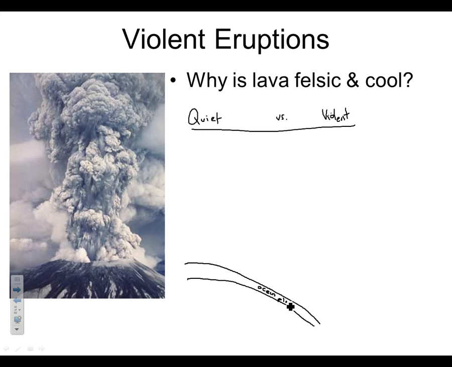Okay. Then I have my continental plate, so I'm going to put my continental plate here. Notice that my ocean plate is really thin, my continental plate is really thick. Go ahead and label this continental plate.